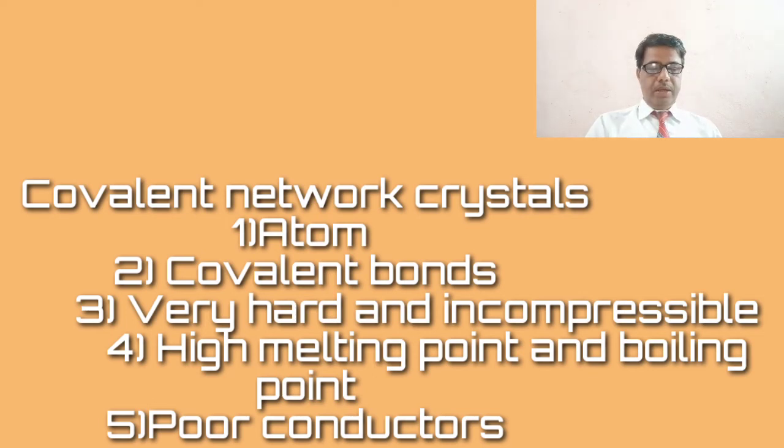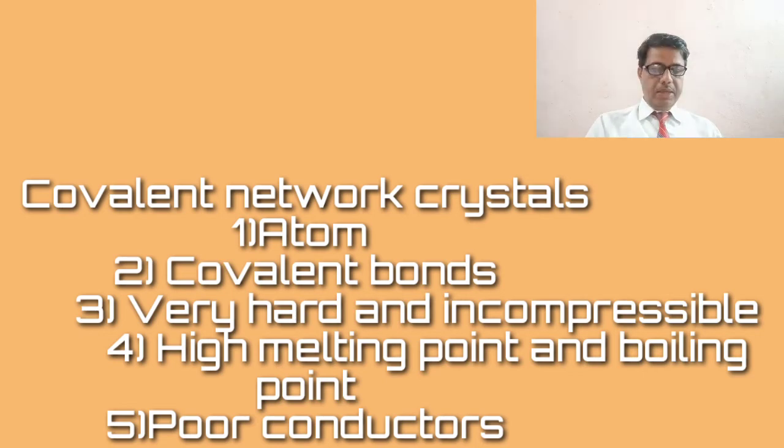Now next property: the electrons are localized in covalent bonds and hence are not mobile. They are placed in a fixed position and hence are not mobile. As a result, these covalent solids or crystals are poor conductors of heat and electricity.